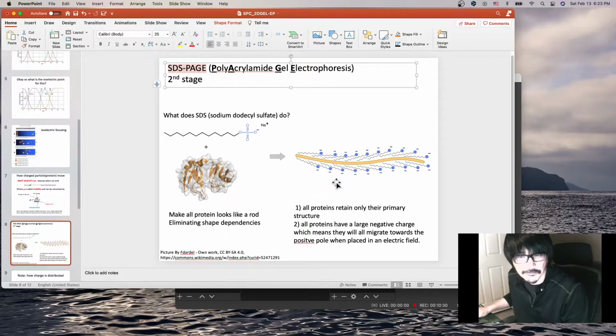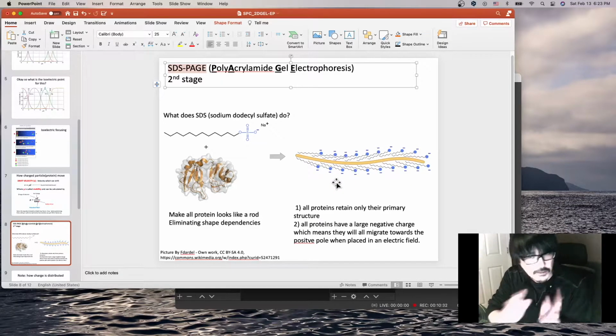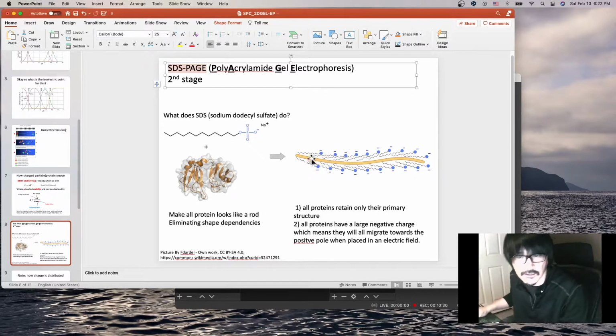The number of charges depends on the size, because if you have more length, you will carry a lot more negative charges. If it's short, the negative charge is very small. But when the protein is really large, you carry a lot more negative charges. That's what the SDS really does.